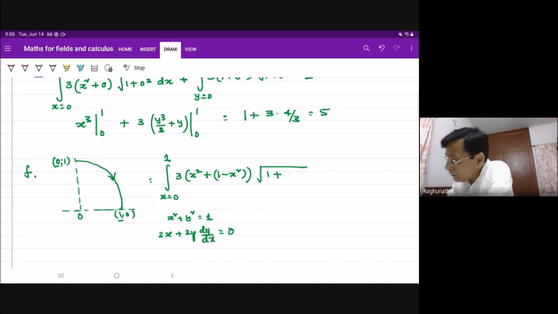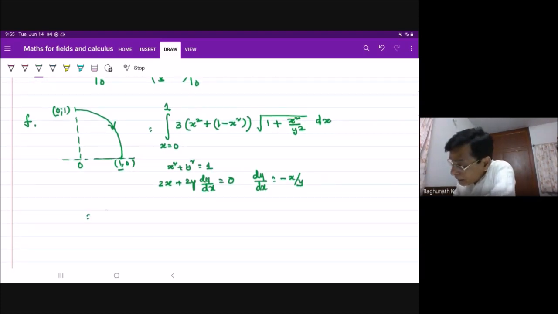All squared is x square by y squared dx. Dy by dx is equal to minus x by y. So ultimately what is this? Integral x is equal to 0 to 1. X squared are getting cancelled out. 3 into 1 by root of x square plus y squared by y squared is what?